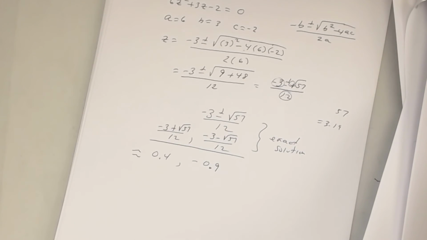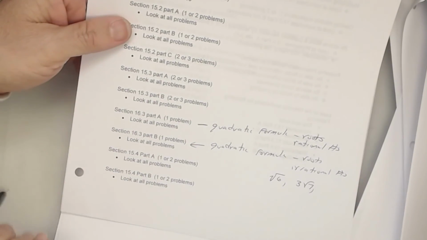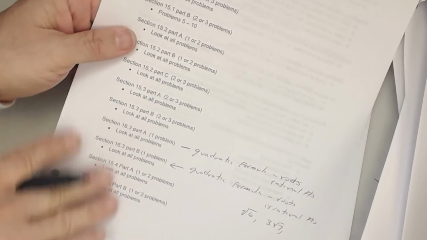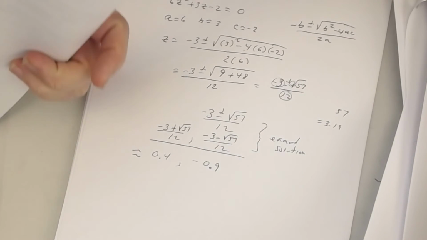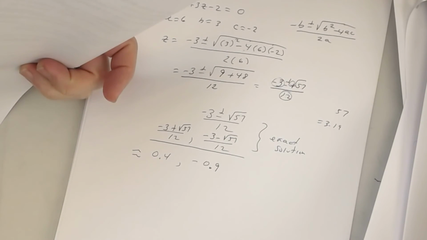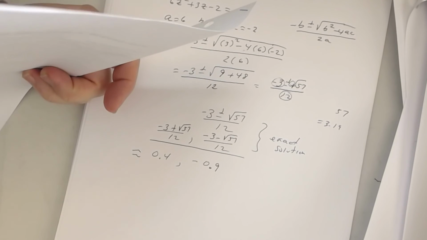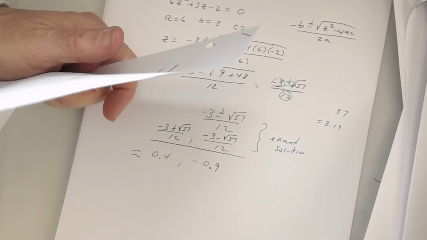All right, so that is your study guide. That's part B. So you have one problem that's going to look like this. Now there is a part C that's not on here, but it's on your final, and that's where we start talking about, and we'll do this probably Thursday, imaginary numbers, like 3i, 7 plus 6i, the letter i.